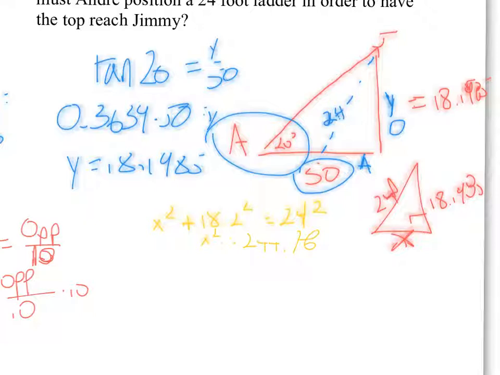And when I square root that, we get x is equal to 15.6448. Wow, this is terrible today. So somewhere in the order of 15.6 feet away is where I should place this ladder.